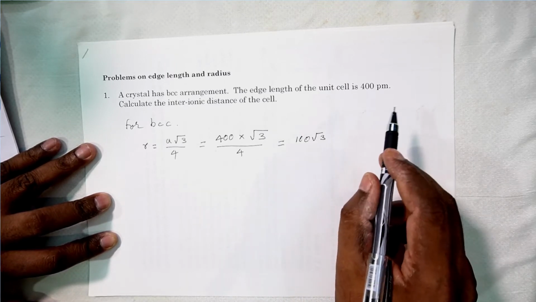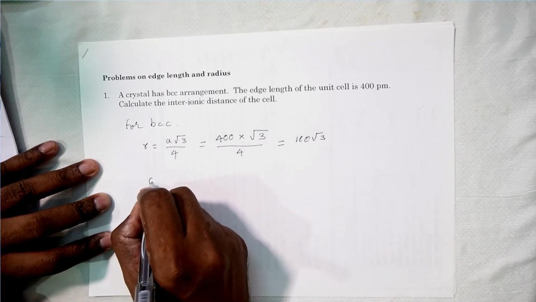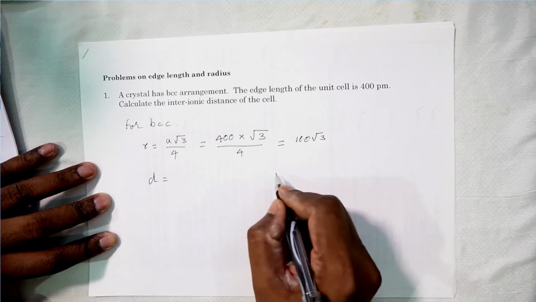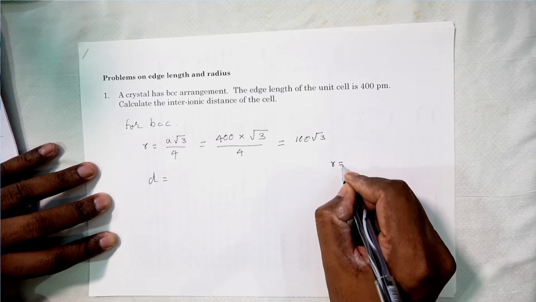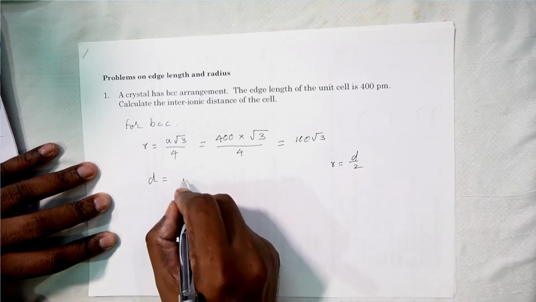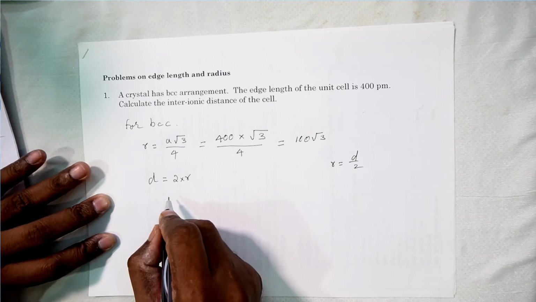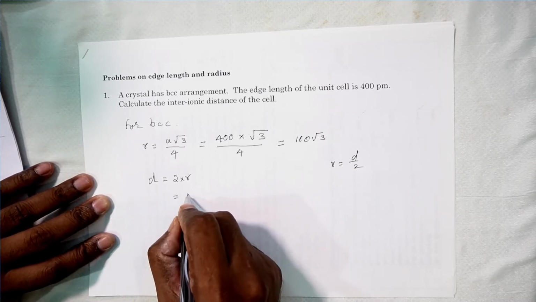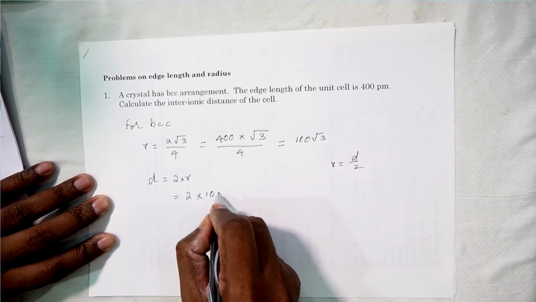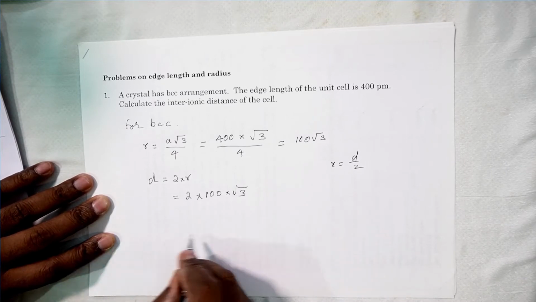Now what we have to find is the interionic distance, that is D. We know that radius R is equal to D upon 2, so D is equal to 2 into R. We already have R equal to 100 into root 3.